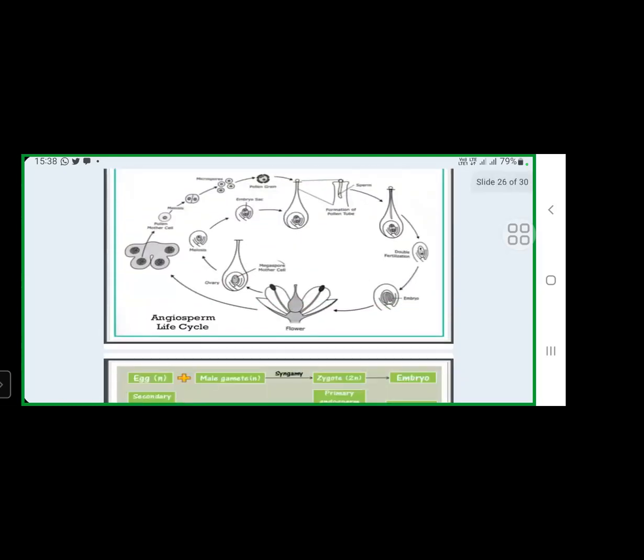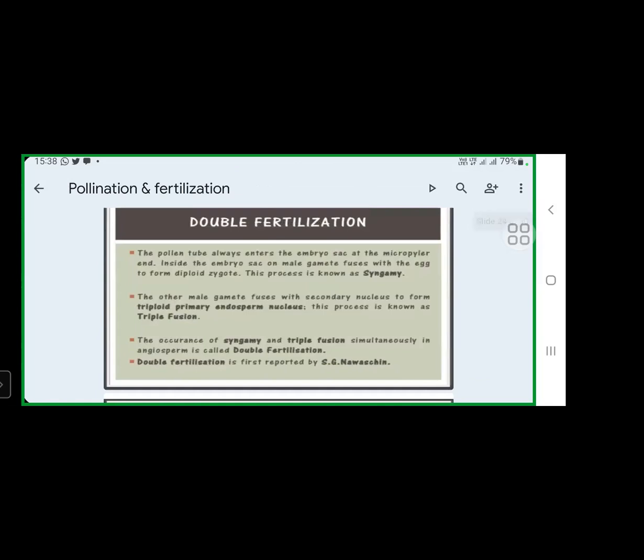The second male gamete fuses with the secondary nucleus, the polar nuclei in the center part, to form the triploid primary endosperm nucleus. This process is known as triple fusion.